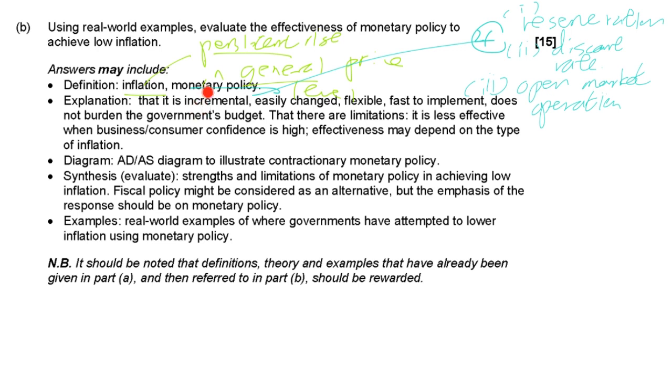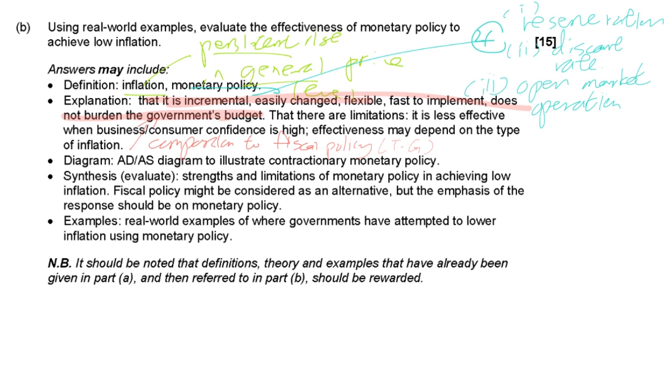For the explanation, we evaluate the effectiveness of monetary policy. Your answer talks about how it would not burden the government budget. Why would the answer put it this way? Because this is a comparison to fiscal policy. For fiscal policy, we all know that it consists of T, taxation, and government expenditure.